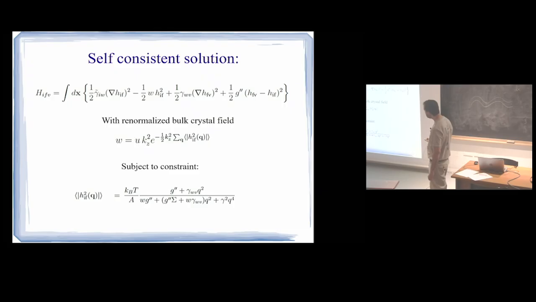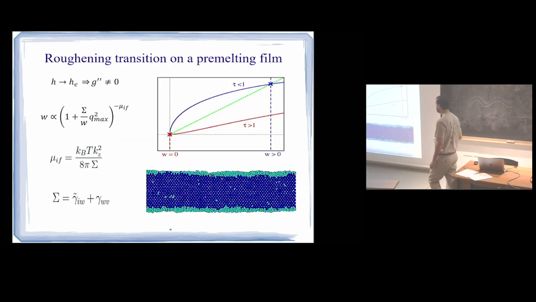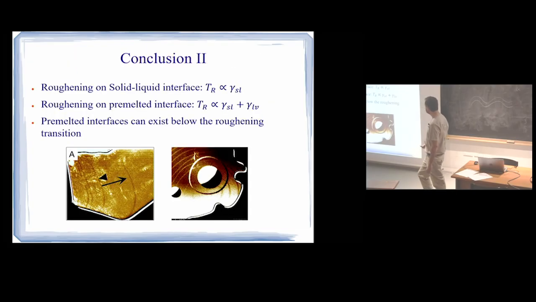It's the one you'd get in the quadratic expansion times a factor that depends on the surface fluctuations. But the surface fluctuations themselves depend on W. And here you have a feedback. You have a self-consistent equation, and it's amazing, but it can be solved analytically. Okay? So you get the roughening transition. Never mind. Here I show how you'd get the roughening transition, but we can skip that because it's tough.